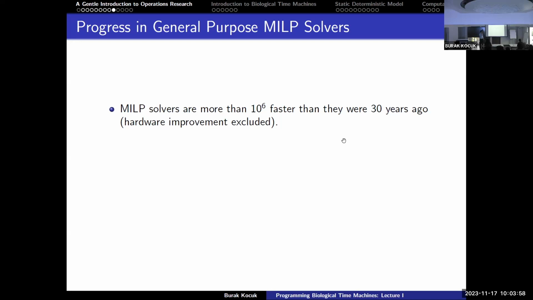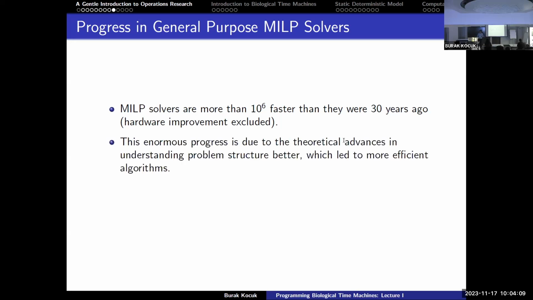And well, there's a better implementation aspect. Of course, we can implement things better, so that's more from the CS side. But most of the improvement is due to the theoretical advances in understanding the problem structure. So this is an example in which doing science, using paper and pen and proving things, actually paid off in terms of the technologies.